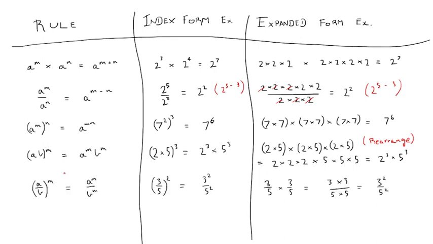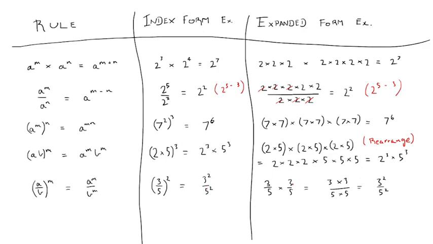All right, now this is very similar. It's just when I am dividing two numbers instead of multiplying them together inside a pair of brackets. So if I'm saying 3 divided by 5, to the power of 2, that's the same as 3 to the power of 2 divided by 5 to the power of 2.